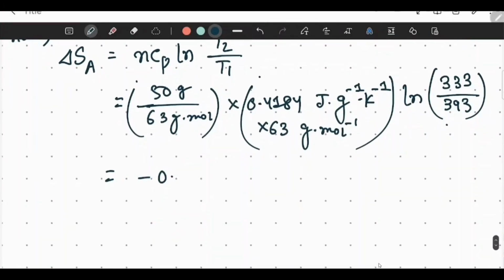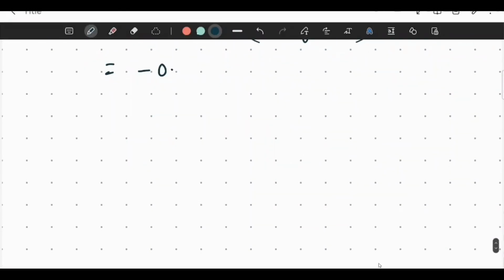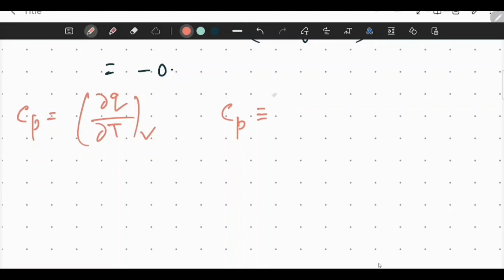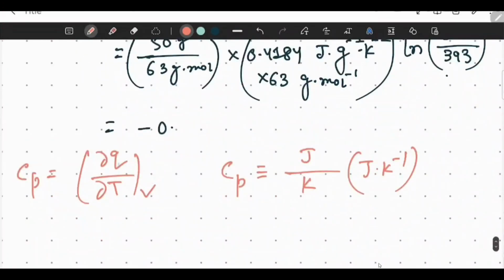Let's see if it's clear, because we know the Cp value is given, right? Let us discuss, what is Cp? Cp is d cross Q by dT at constant pressure. So what will be the unit of Cp? Q is heat, means joule, and temperature Kelvin, so joule per Kelvin. But here there is gram inverse, means it is per gram.